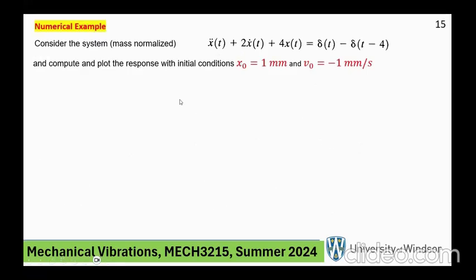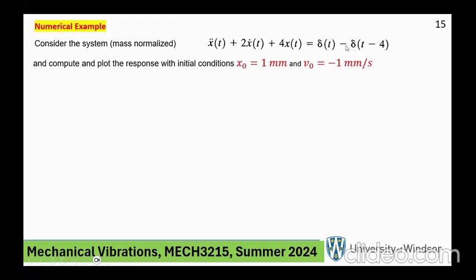Now, here's a problem which is very similar, except that there's two points that are different. First of all, the right-hand side, notice that before we had, for example, 0.2 times delta t plus 0.1 delta t minus 0.5. Well, first of all, for simplicity, instead of 0.2 and 0.1, we have 1 and 1.